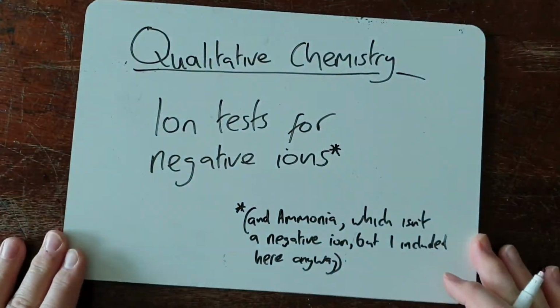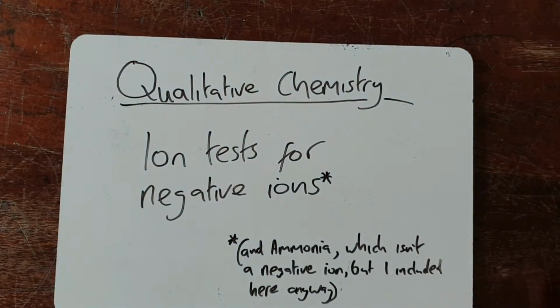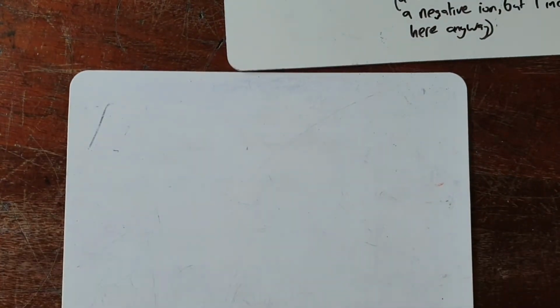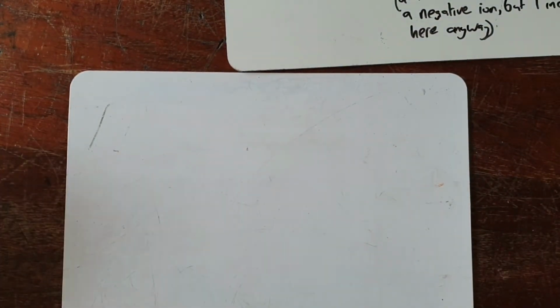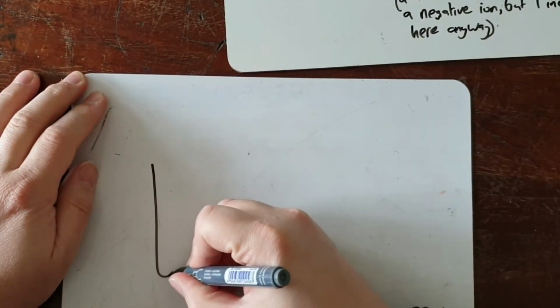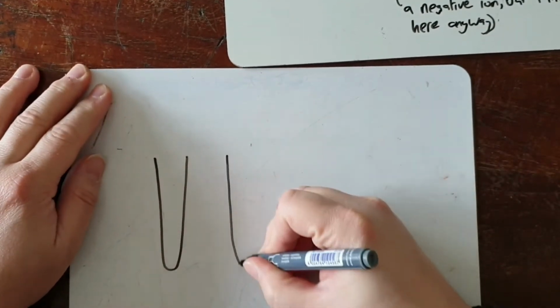So ion tests for negative ions, how do these work? Essentially, the idea is you get given a test tube of an unknown substance and you need to identify it. I'm just going to draw 3 test tubes here.